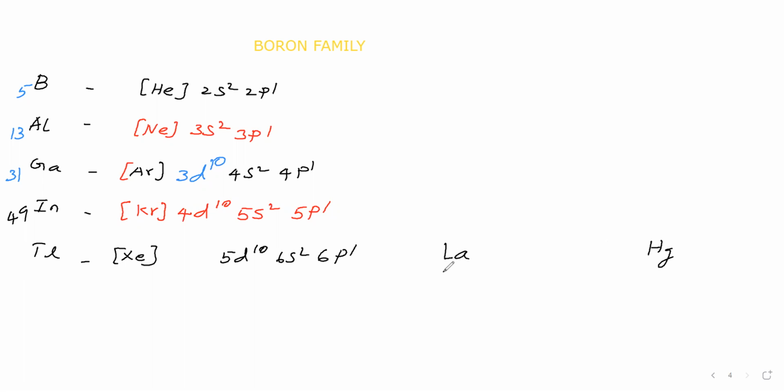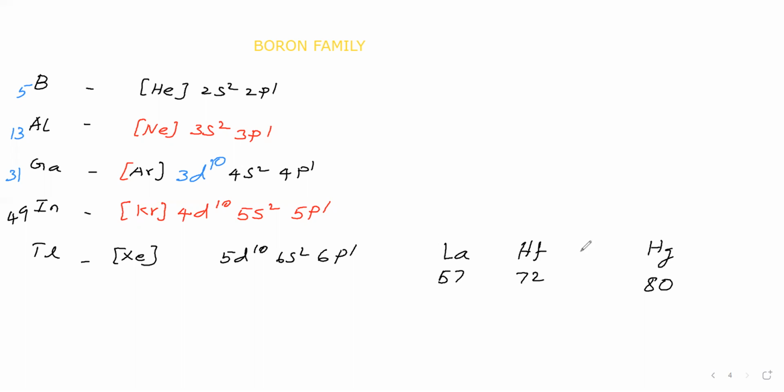Lanthanum atomic number is 57. Mercury atomic number is 80. 57 to 80. Is it 10? No. Now, hafnium we will take, it is 72.